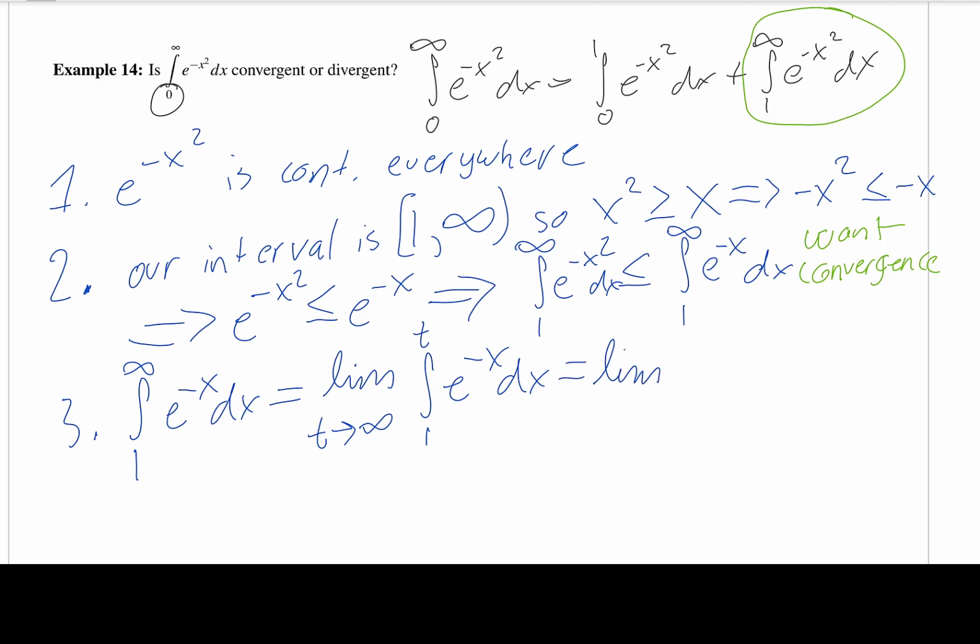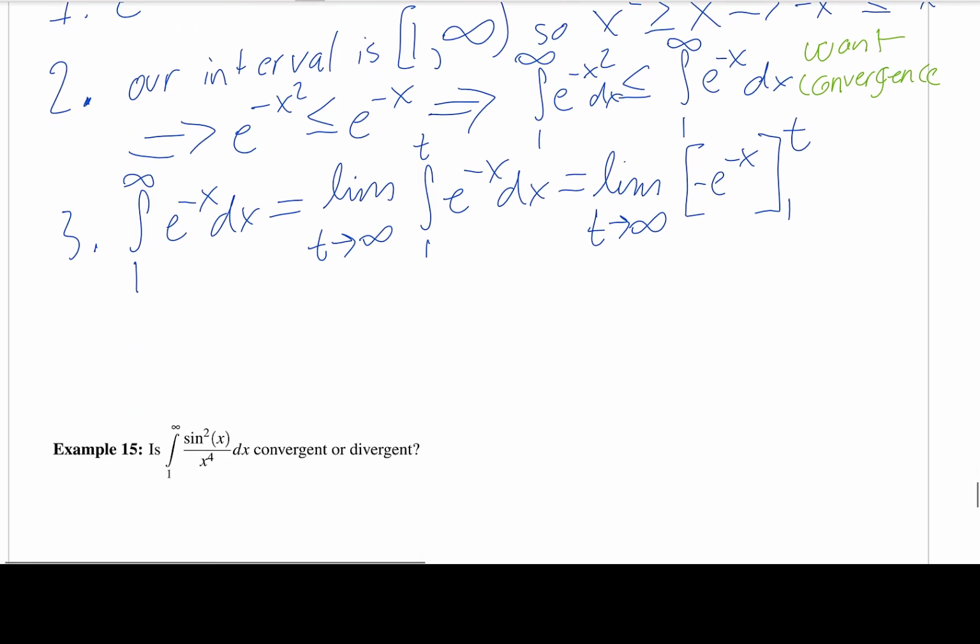So this is the limit as t goes to infinity of negative e to the negative x from 1 to t. Then this is the limit as t goes to infinity of negative e to the negative t minus negative e to the negative 1.